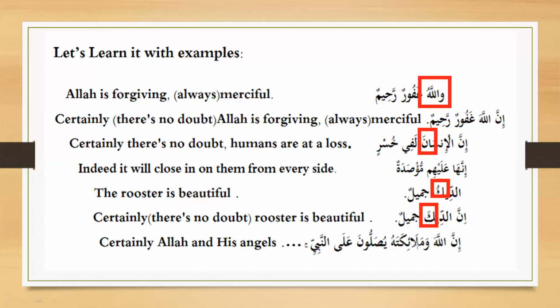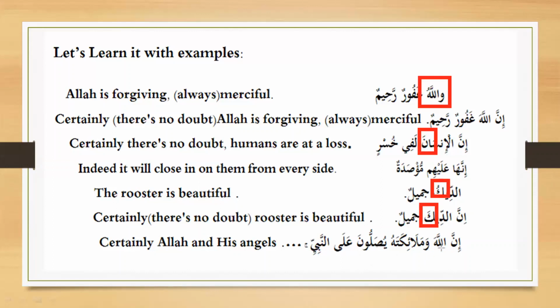Then we have this ayah from Surah Ahzab, Inna Allaha wa malaikatahu yusalluna ala nabi. So certainly Allah and his angels, no doubt, they send salam and salutations upon the Prophet sallallahu alaihi wasallam.